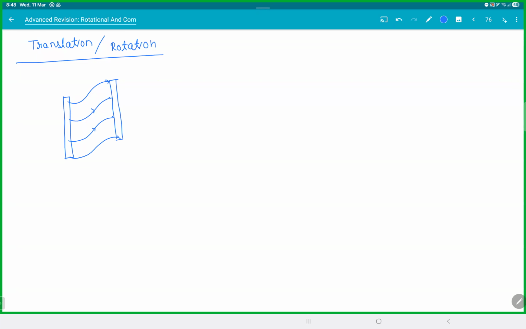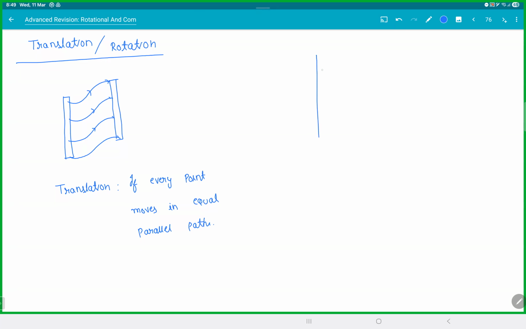So translation is simply, if every point has the same velocity at every point, or you can simply say every point moves in equal parallel paths. So at every point they are going the same way. This is pure translation. What is pure rotation?